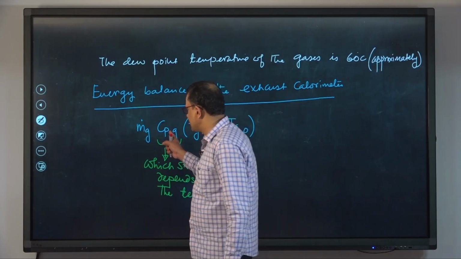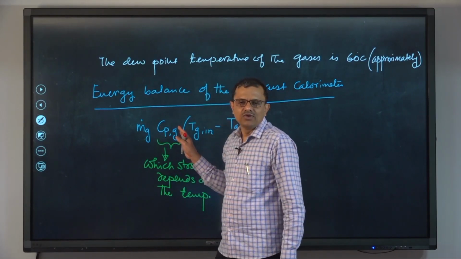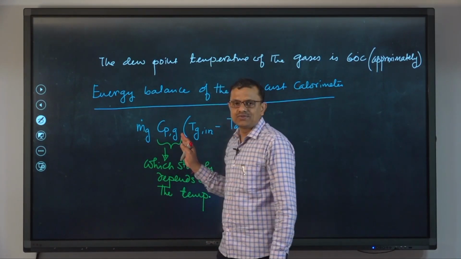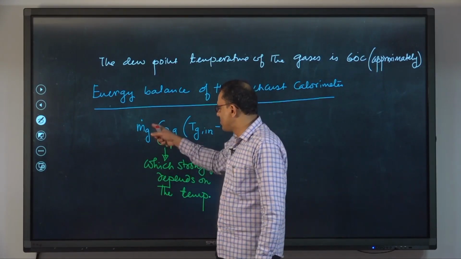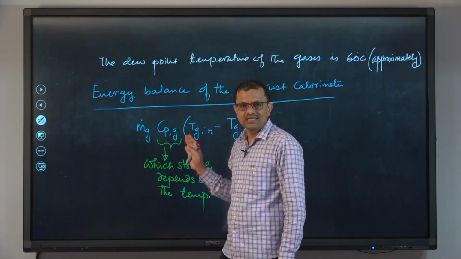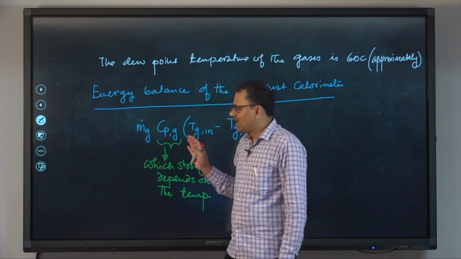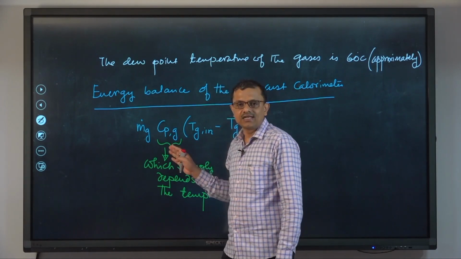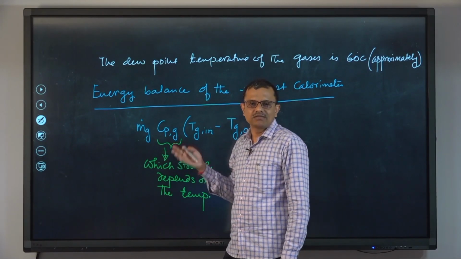So, we have to take the average value of Cp into account while we calculate this analytically. So, Cp is a function of temperature and that too this is a gas mixture.